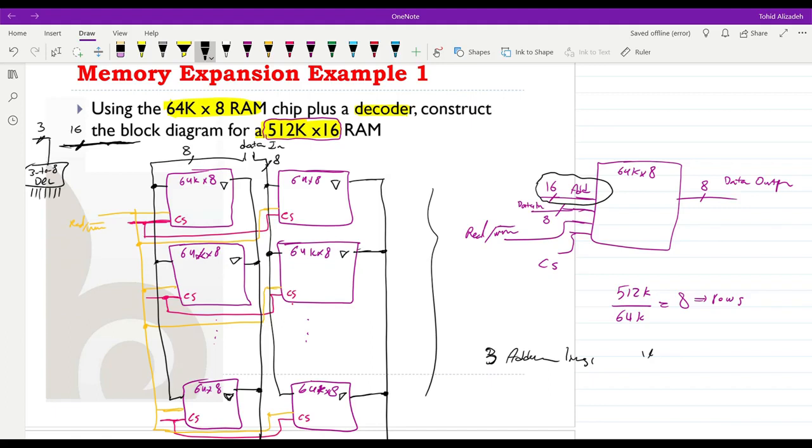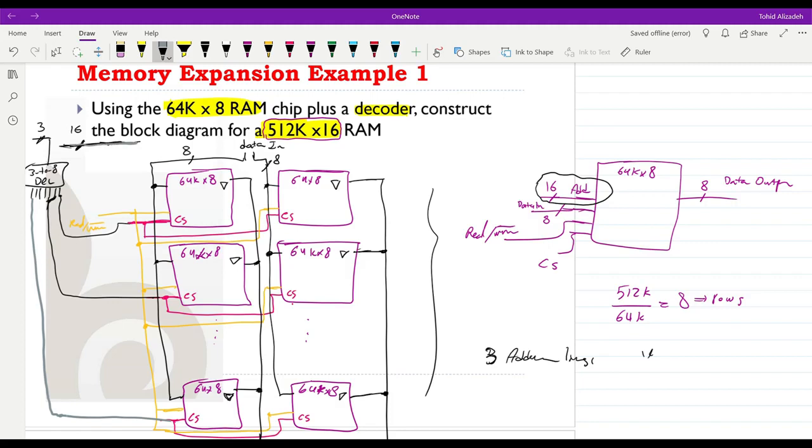We will get 8 outputs from this 3 to 8 line decoder, and each output will be connected to the chip select input of a single row. So this is what we have for the first row. For the second row, the second output from the decoder will be connected, and the last output of the decoder will be connected to the chip select of the last row.